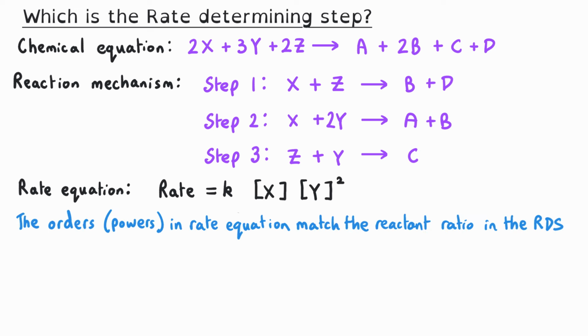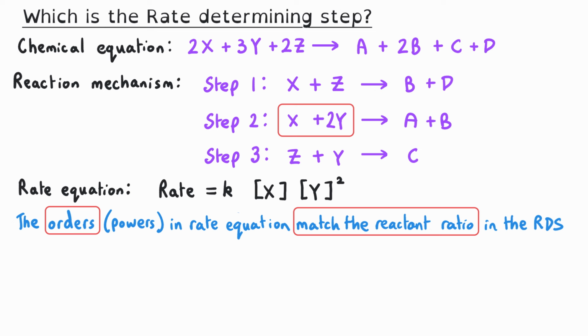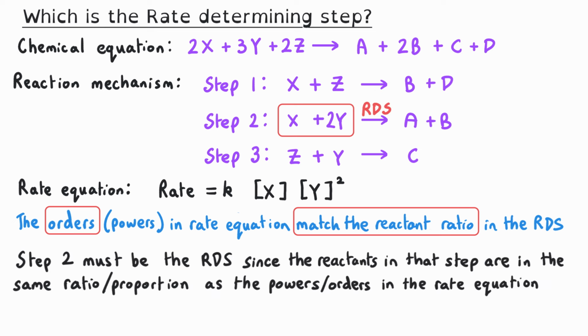And we need to remember that the orders or the powers in the rate equation match the reactant ratio in the rate determining step. And so we are looking for the step which contains 1 molecule of X and 2 molecules of Y. And this means that step 2 must be the rate determining step, since the reactants in that step are in the same ratio or proportion as the powers or the orders in the rate equation itself.